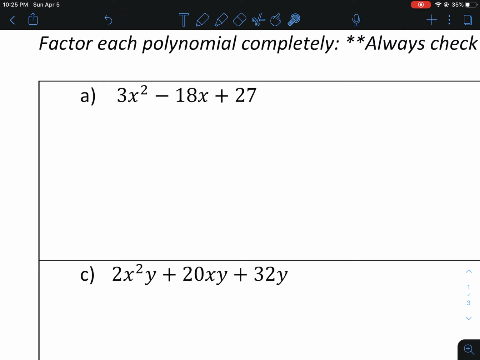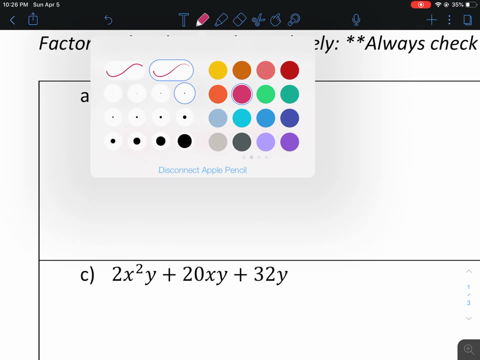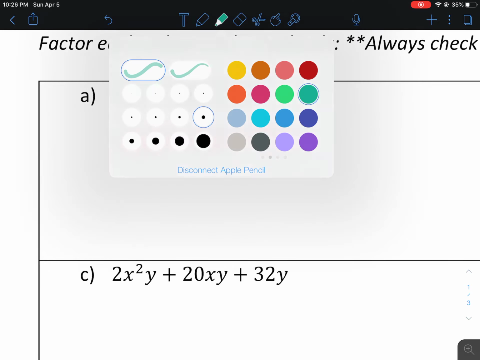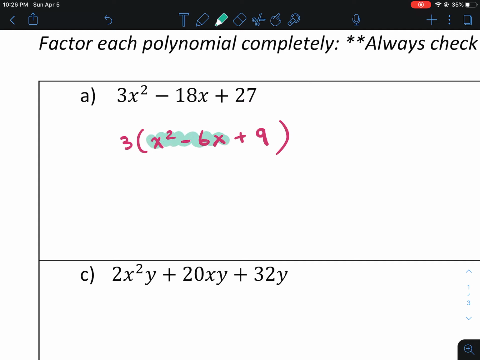Do we have a GCF here? Yes, my GCF is 3. So I can factor out the 3, and I get x squared minus 6x plus 9. And that just so happens to give us a perfect square trinomial, a squared minus 2ab plus b squared. We know that that's x squared, and that's 3 squared.